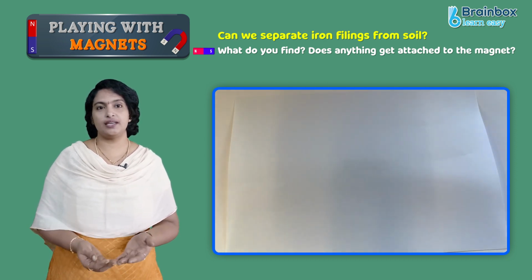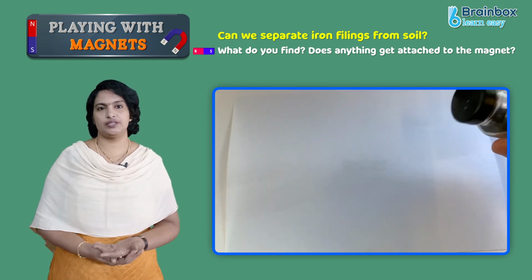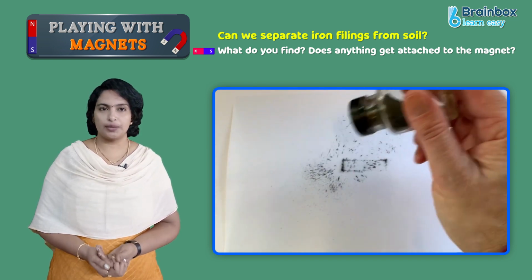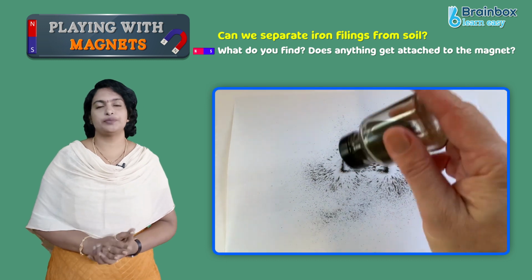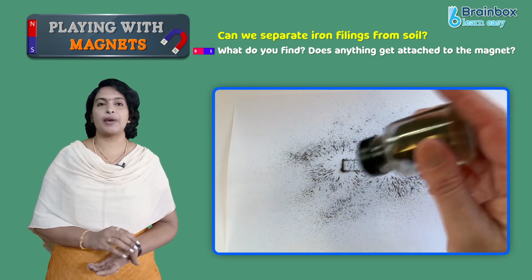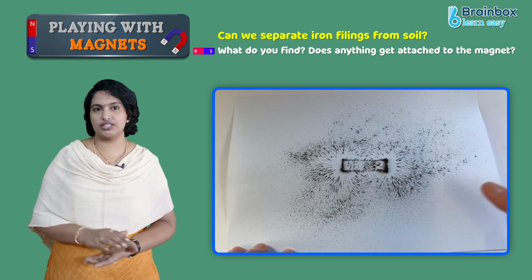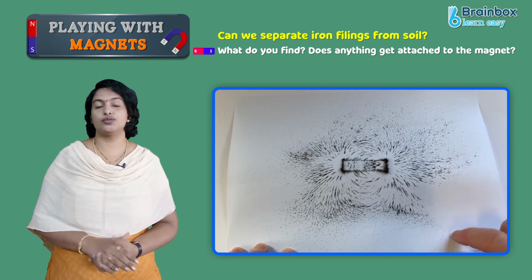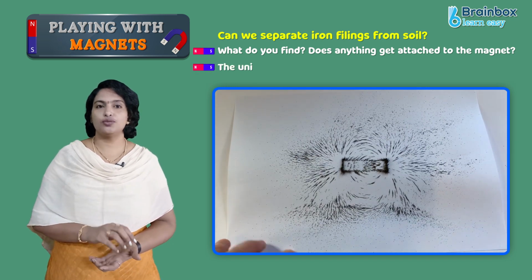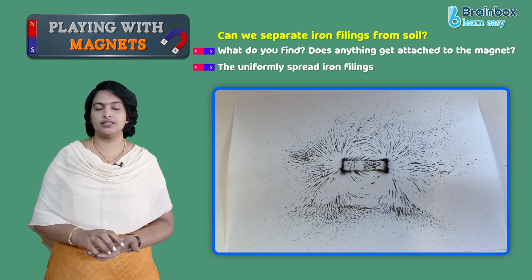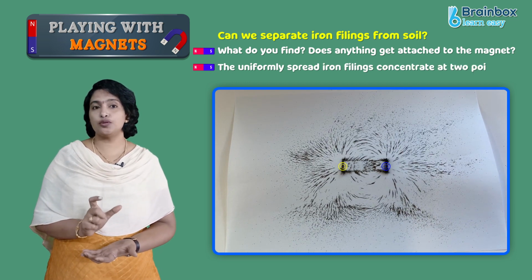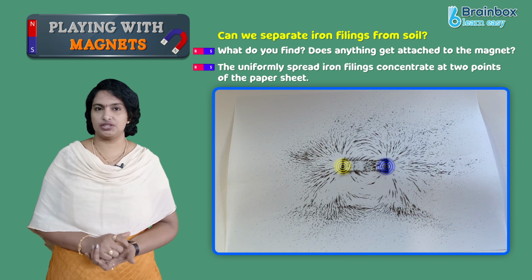Now place a bar magnet below this sheet. Now what do you observe? Do you observe any change in the pattern of iron filings spread over the sheet? Yes, you will observe that the uniformly spread iron filings concentrate at two particular points of the paper sheet.